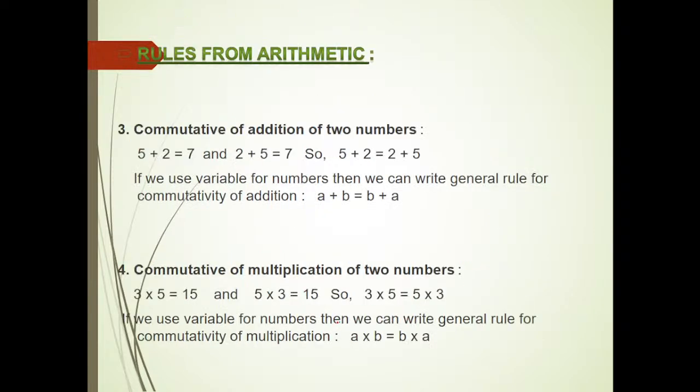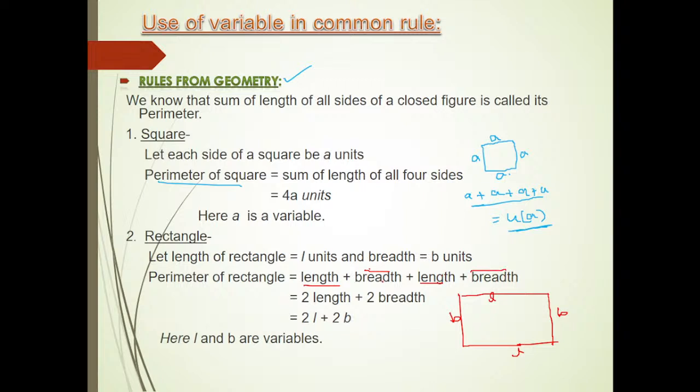Two breadths. So 2L plus 2B, that is 2 into length plus 2 into breadth. Why? Because repeated addition is nothing but multiplication. So 2L plus 2B. This leads algebra to frame the formula for the perimeter of a rectangle.